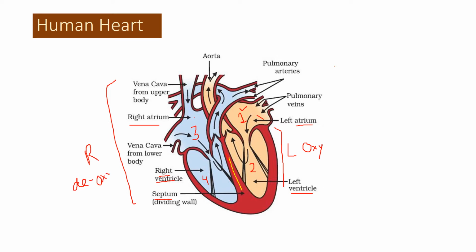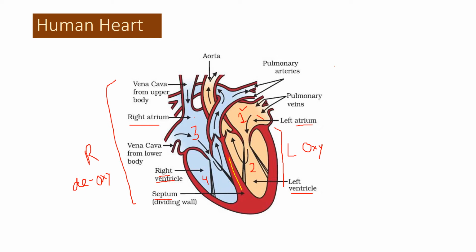So the blue color is shown for the deoxygenated blood, and the red color is for the oxygenated blood.